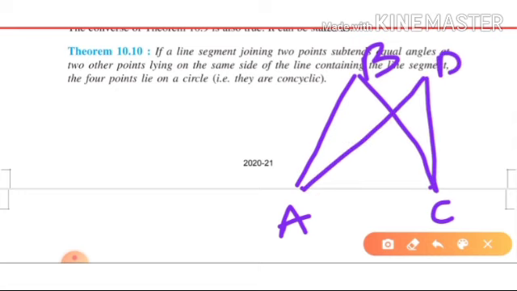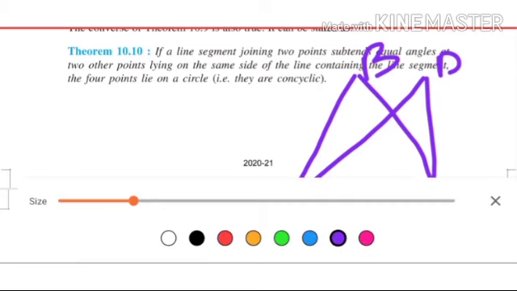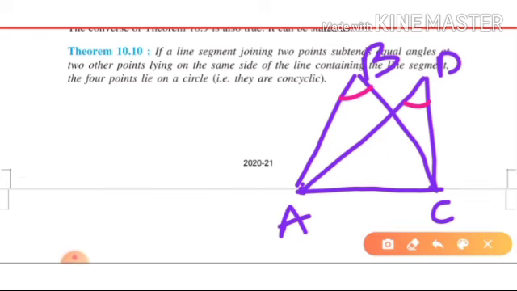Now if you draw this AC as a line segment, and these two angles, equal angles at any 2 points, on the same side of the line, we have taken the above part of the line.